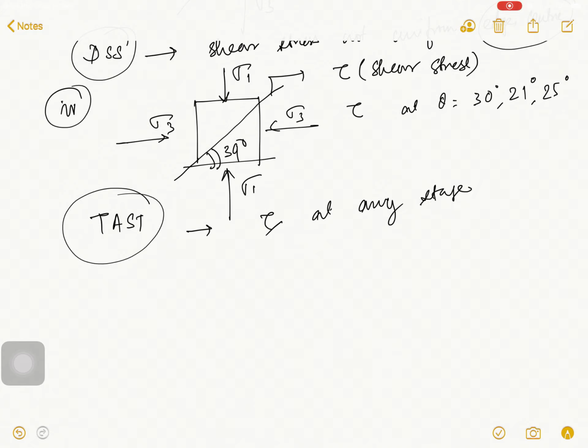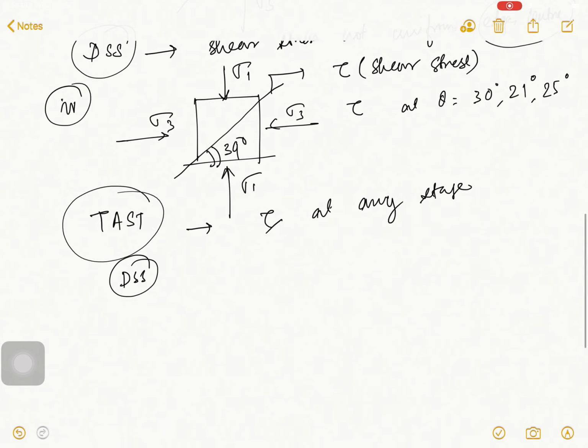That is the biggest advantage of the triaxial shear test. But that thing is missing from the direct shear test, because in direct shear the failure plane is predetermined.